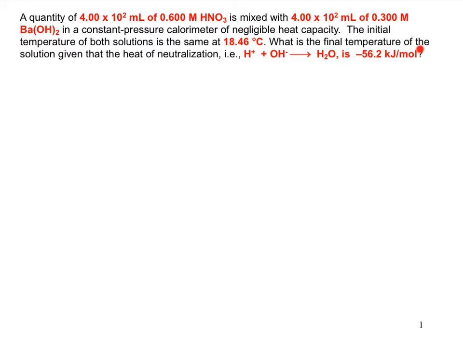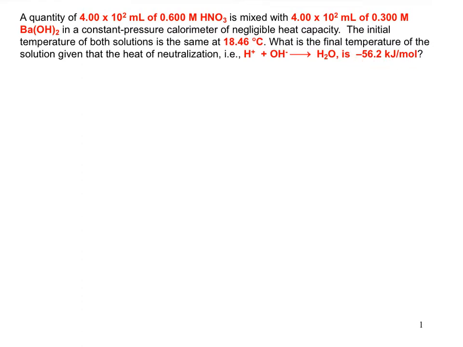What is the final temperature of the solution, given that the heat of neutralization, i.e. the proton H plus reacting with hydroxide OH minus to produce water, is as follows? The enthalpy change for this neutralization is negative 56.2 kilojoule per mole.